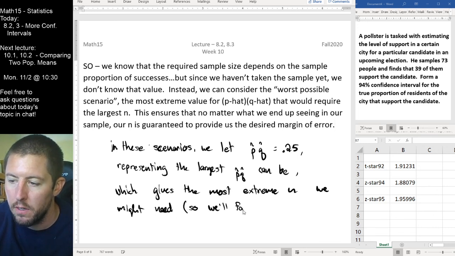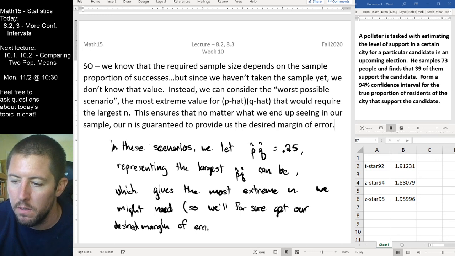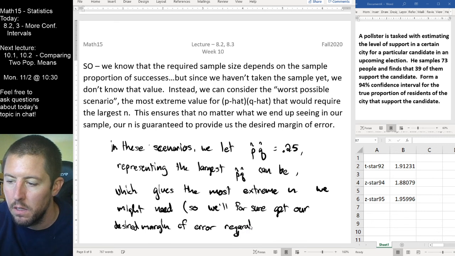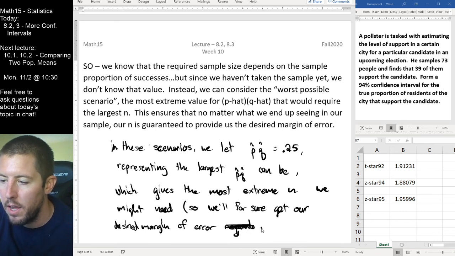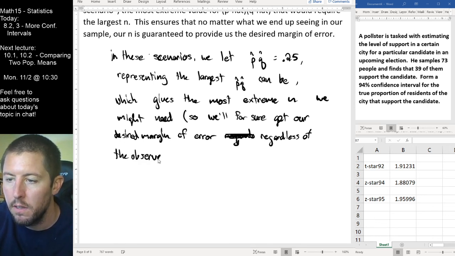So we'll for sure get our desired margin of error, regardless of the observed sample proportion.